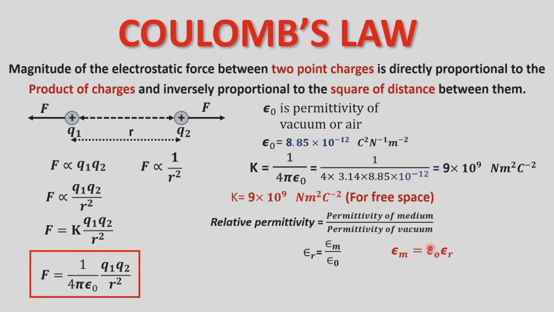For free space condition, epsilon r value is 1, so epsilon naught replaced by epsilon m, then we get the same K value.